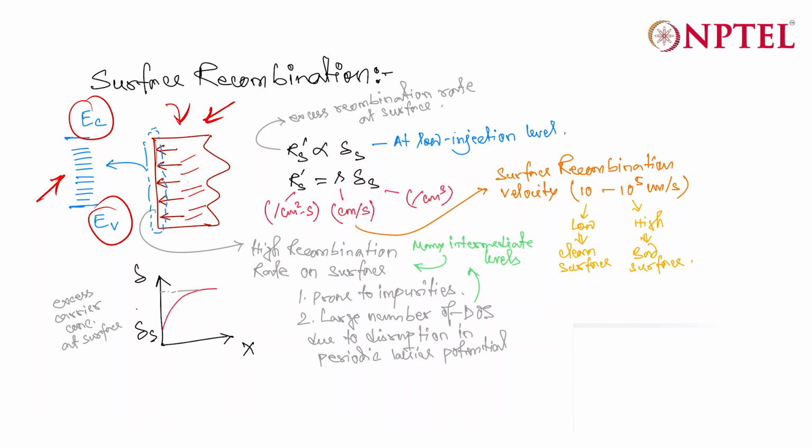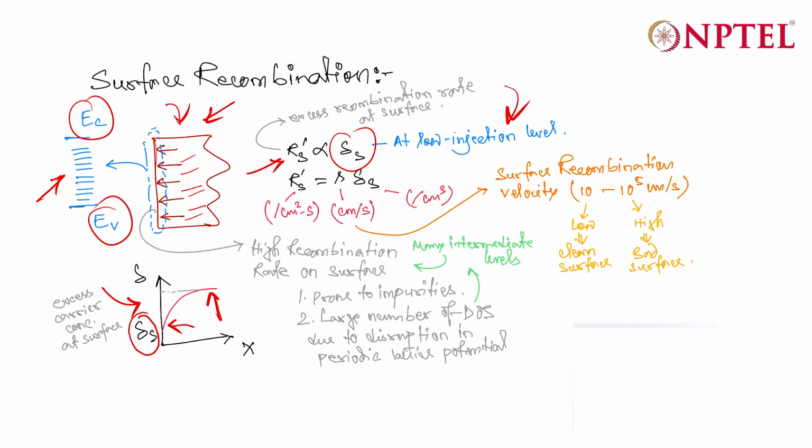Now if you see the excess carrier plot with respect to depth, you will find that at the surface you have an excess carrier concentration delta S, which is comparatively lower than that of the bulk. Now the excess carrier recombination rate for surface recombination is proportional to delta S at low injection level.